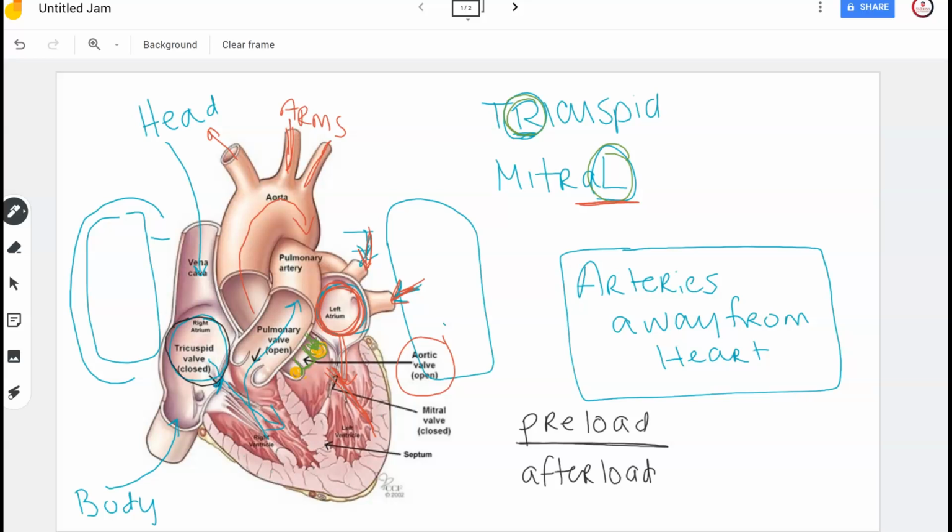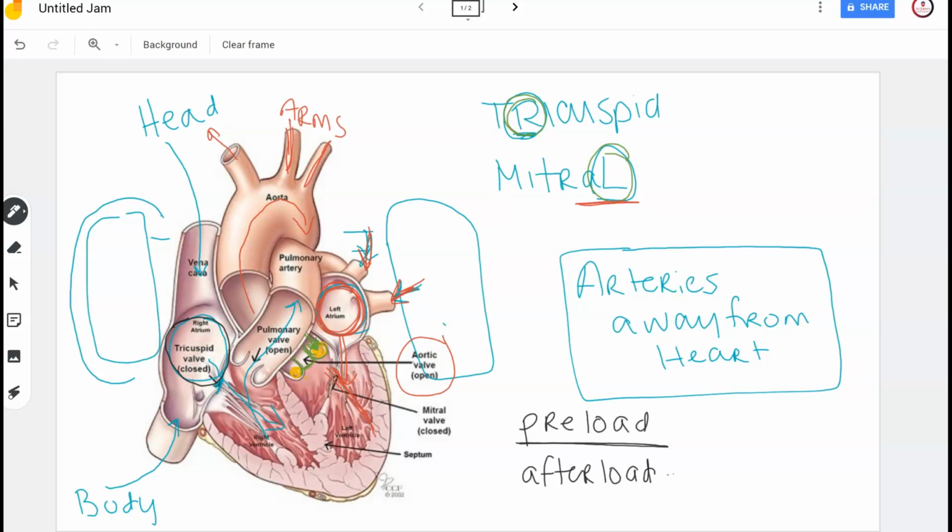So if you are in a cardiac dysrhythmia such as AFib, where you lose part of that atrial kick, that coordination between the top part of the heart and the bottom part of the heart, the lub-dub, you might lose some of the preload because you're not getting as much blood into the ventricles, right? The preload is the amount of blood that's filling and stretching the ventricles for the cardiac output, okay?